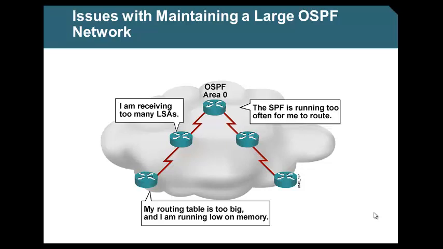Because you are sending too many updates, the SPF algorithm is also processing every single update. As a result, the CPU of the router gets consumed a lot, so the router cannot perform well because the CPU is always busy only in the OSPF process.